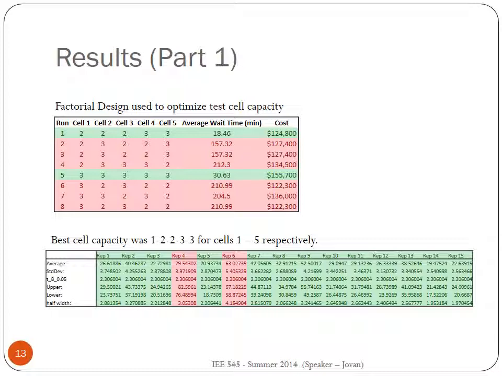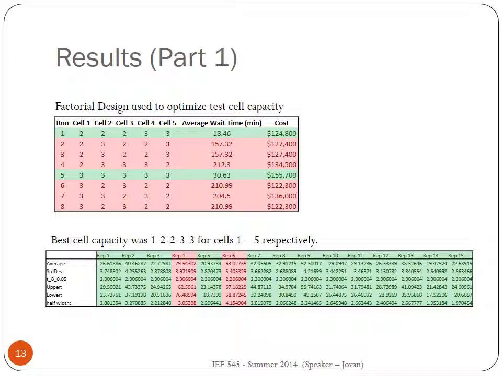Okay, so now we're going to talk about the results. To optimize the system based on capacity and cost, we did a factorial design. For each of the 5 cells we picked 2 different levels, either 2 testers per cell or 3 testers per cell.